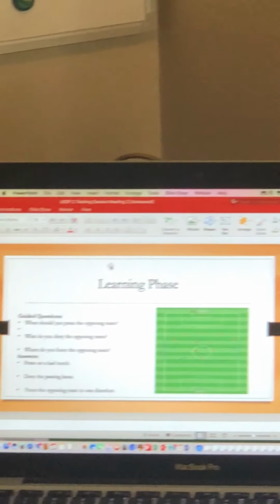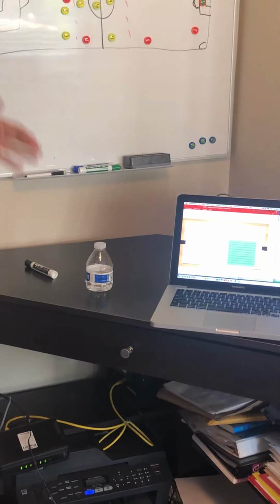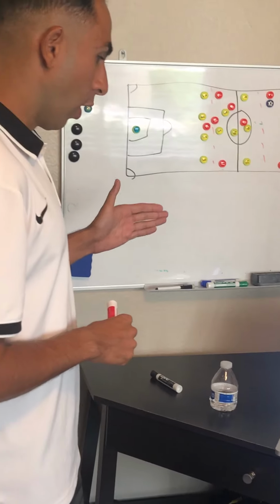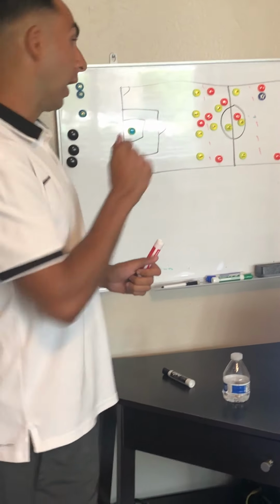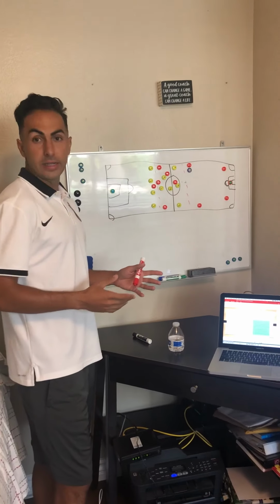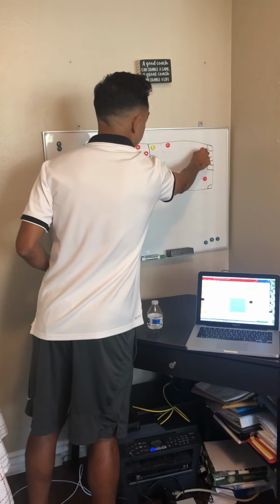And it'll be deny the passing lanes through the middle, compact, to force them wide. And then last guided question we'll introduce is, where do you force the opposing team, as we discussed, in one direction, primarily in the wide directions. Introducing that now, balls will still start here in our learning phase, all right?